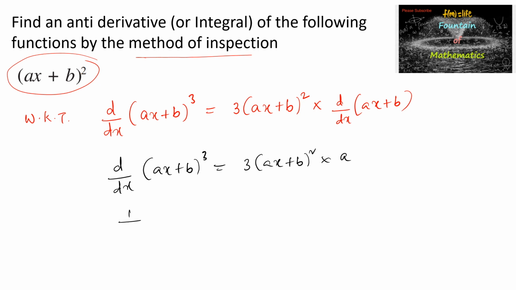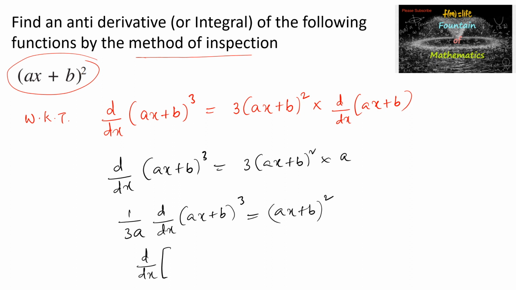Or we can write 1 by 3a times d by dx of (ax plus b) whole power 3 is equal to (ax plus b) whole square. Or this can also be written d by dx of 1 by 3a into (ax plus b) whole power 3 is equal to (ax plus b) whole square.